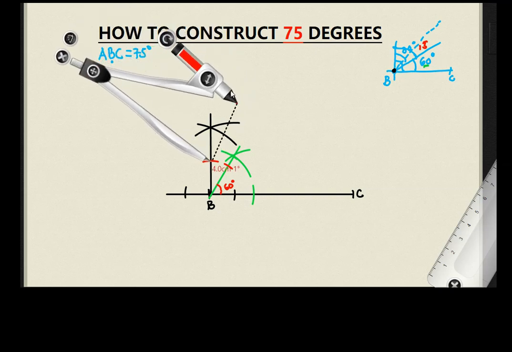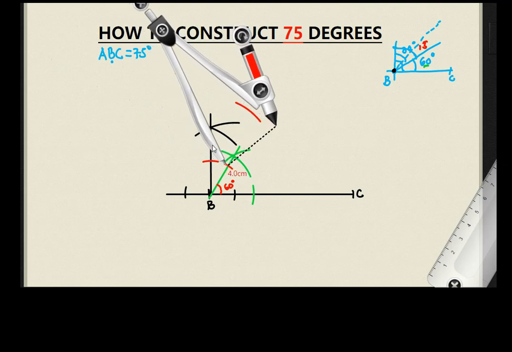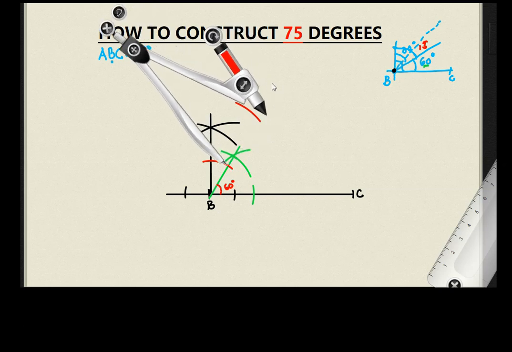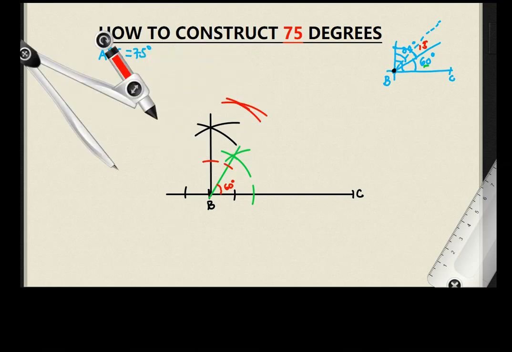and again draw an arc, transfer it to this point and draw another arc. Now you can see we have the point of intersection.